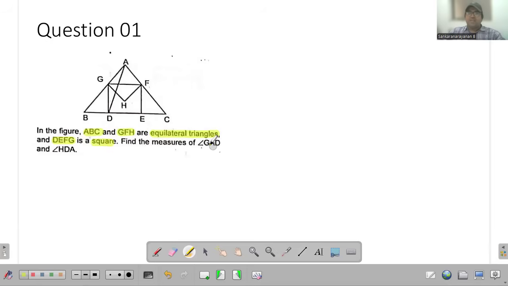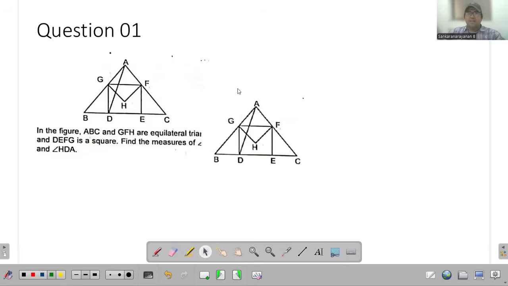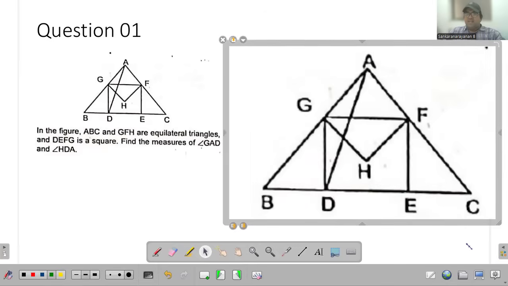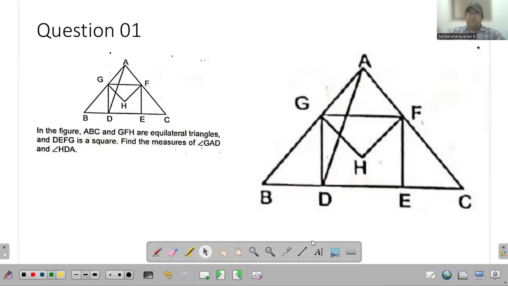You are asked to find the measures of angle GAD and angle HDA. Okay, so for our clear understanding of this question, let me present the given diagram in a slightly enlarged fashion. So let's see what all things are given.